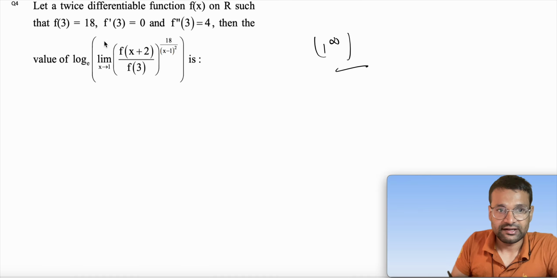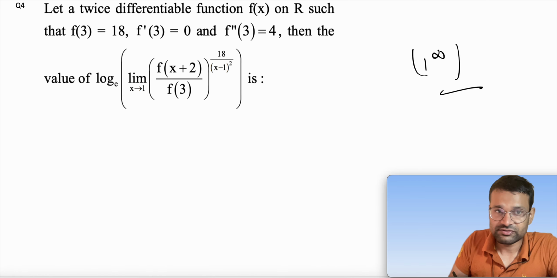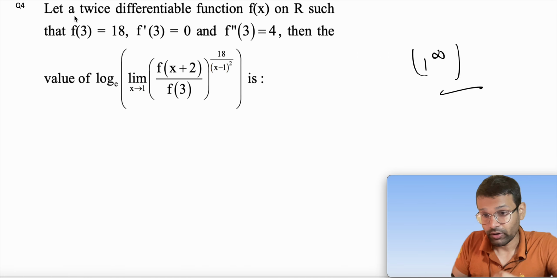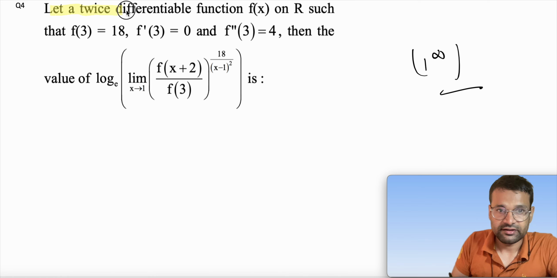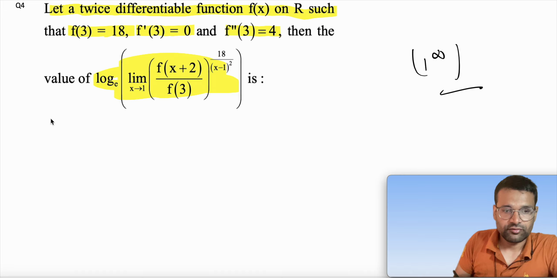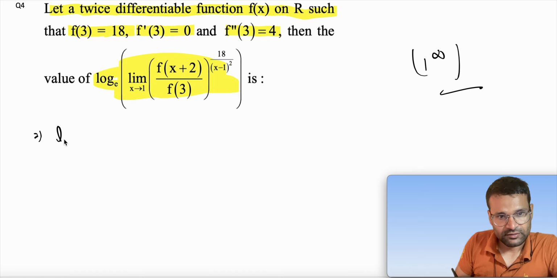Before solving any question, we must read each word of the question. Let f be a twice differentiable function on R such that f(3) is 13, f dash 3 is 0, f double dash 3 is 4, then the value of this one. Okay, so we start solving this one.